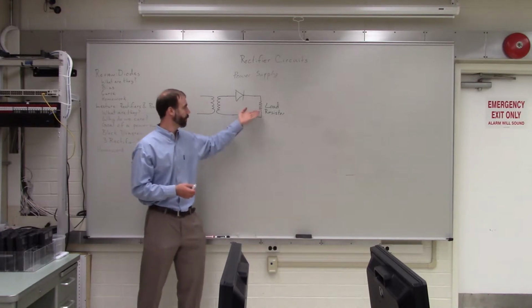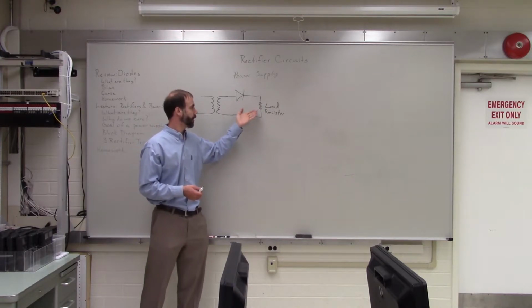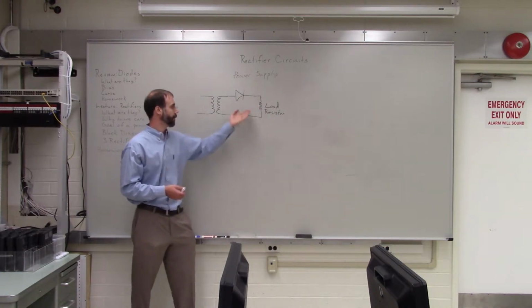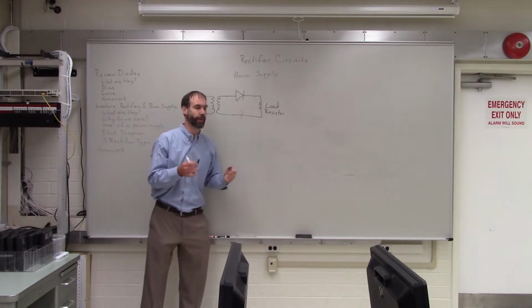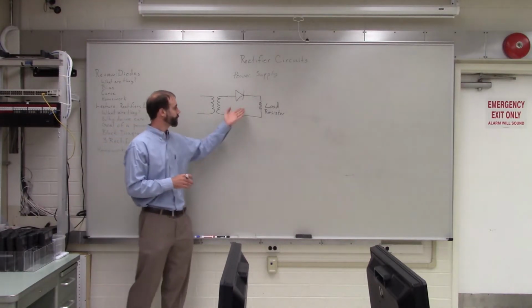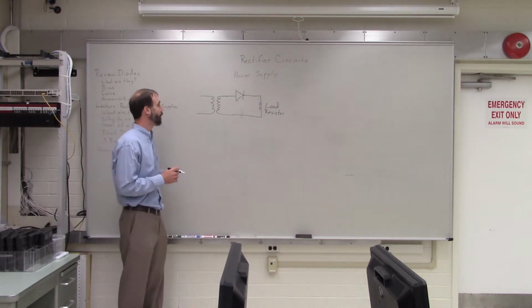So in the real world, you would have the actual device that you're powering. In our case, for the simplicity of a diagram, we're just drawing a resistor. And in your lab, you're just going to be using a resistor in your circuit.